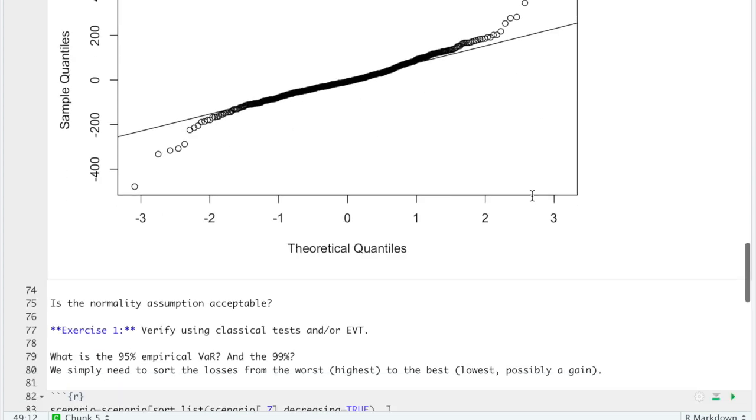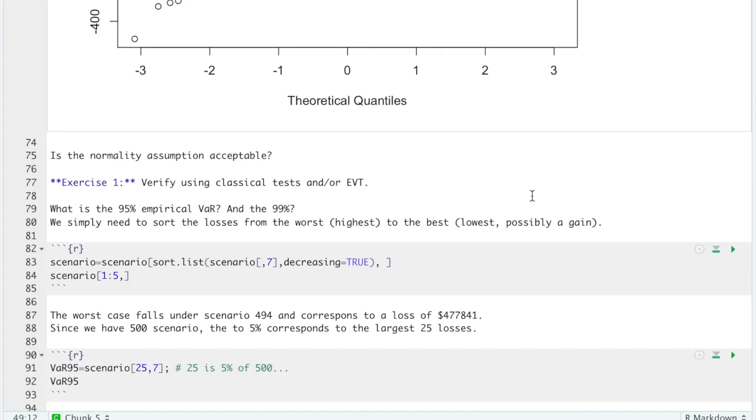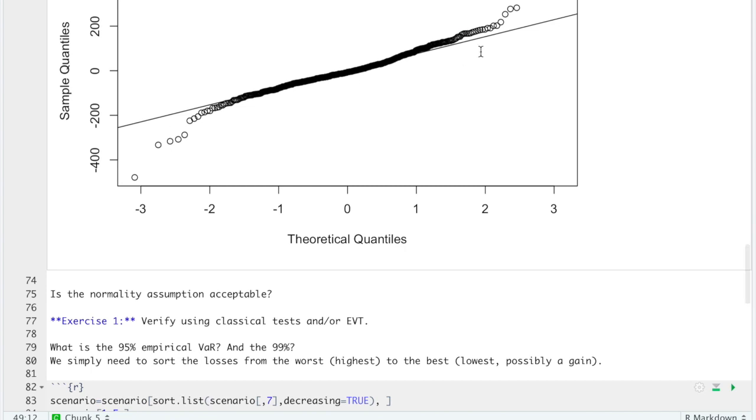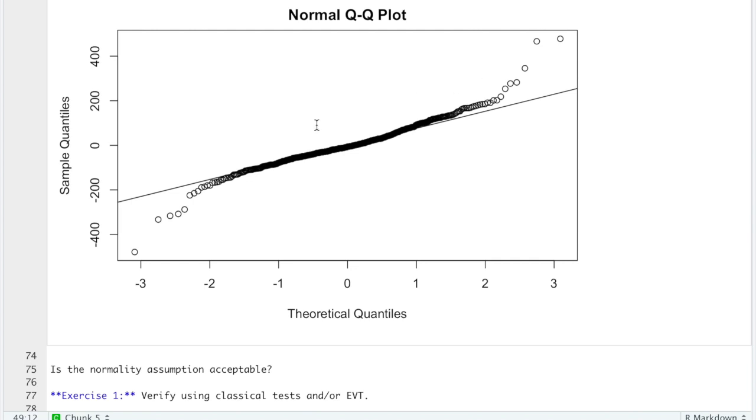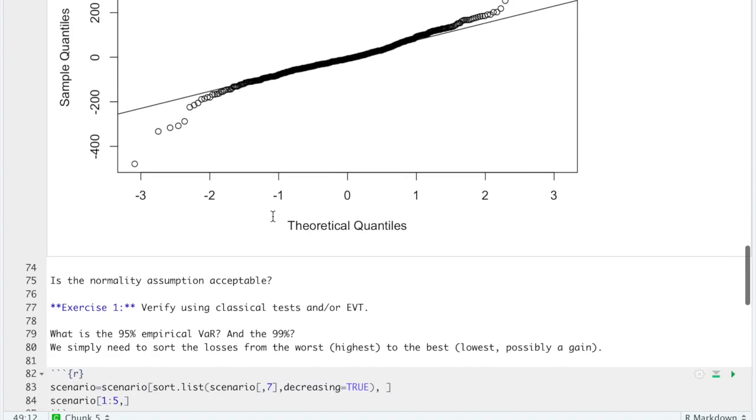So one exercise that I ask you to do is to verify, using tests for normality, the Kolmogorov-Smirnov, the Jarque-Bera, whatever you want, or using EVT and looking at the tail parameters, if you can reject or not the null hypothesis that our loss data are normally distributed.